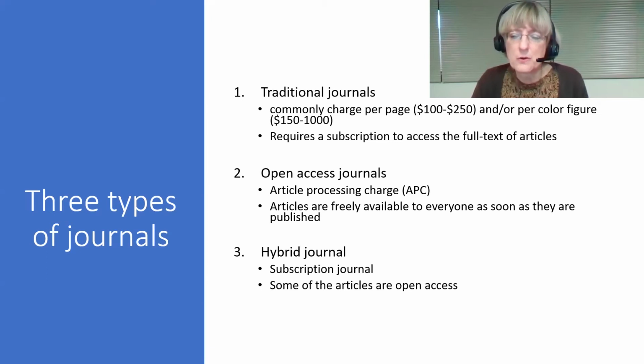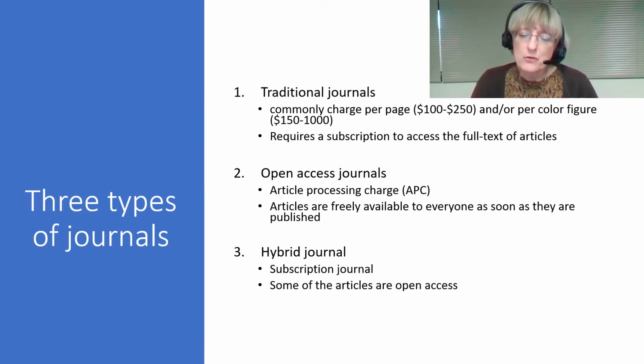There's no subscriptions involved. However, there may be article processing charges for the authors, and these can range from a few dollars to thousands of dollars, depending on the journal. And in some cases, you can publish the article for free.